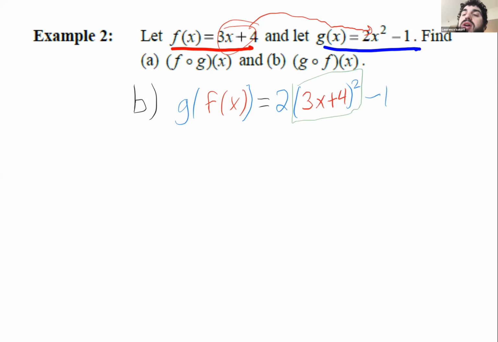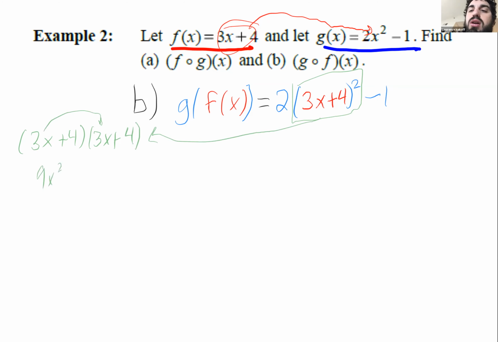So what we have to do here, I'm going to remind you when something's squared. For this part, I can take that work over here: this is 3x plus 4 times 3x plus 4. Let me erase that arrow so I have room to write. When I FOIL this out, that's going to give me 9x squared plus 12x plus another 12x plus 16.